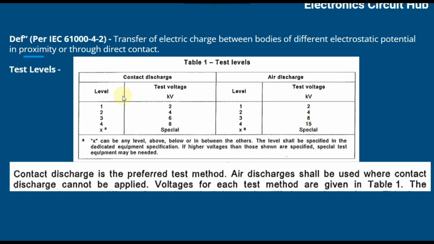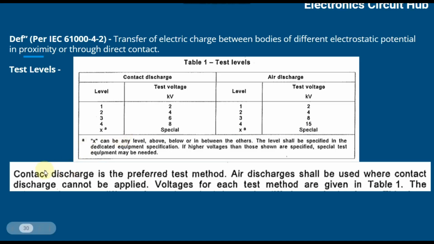Mostly, let's talk about the consumer product, we do level 4, that means we pass our product for plus minus 8 kV and plus minus 15 kV. Okay, we achieve this level 4.